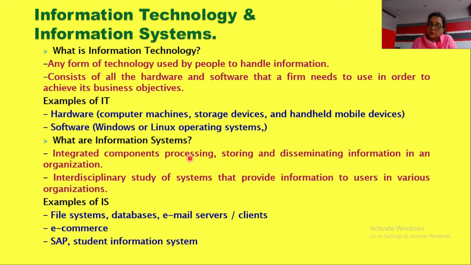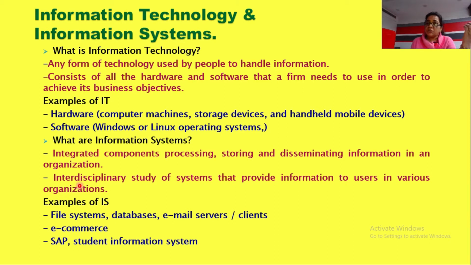That is, it processes data, stores it and disseminates information to the organization for being used by the different levels of management. This is called as an interdisciplinary study of systems, where multiple systems are working together from multiple disciplines to provide the information to the various users of the various organization.